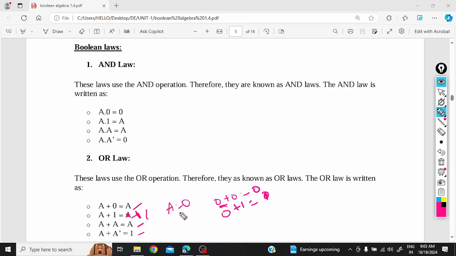A plus 1 gives me 1 as output, so this is 1. Next, 0 plus 0 gives me 0. Next, a plus a bar is always 1. So this was wrongly printed, this is 1 as output. Okay, let's get on to the next law.